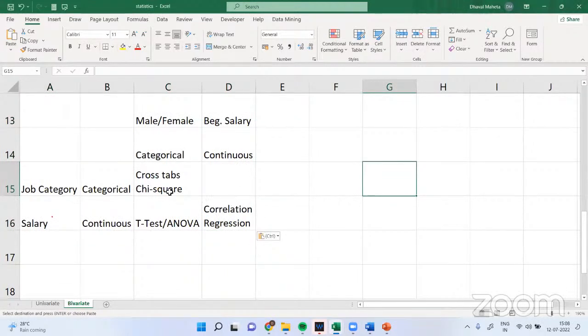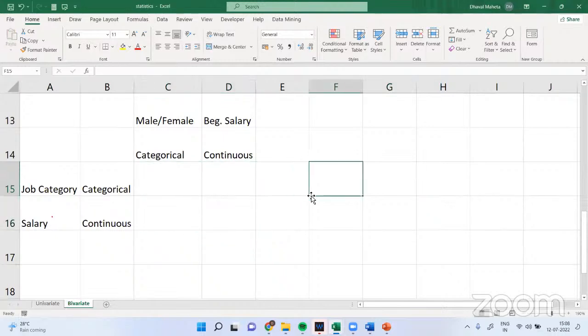Now we get confused most of the time about where to use the words association, relation, difference, impact, right? I'll make things very simple for you.